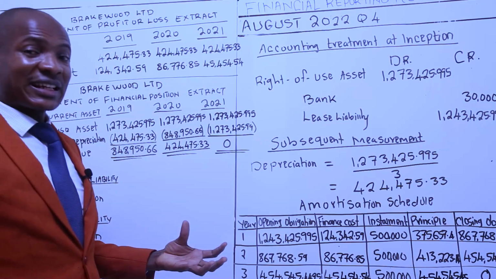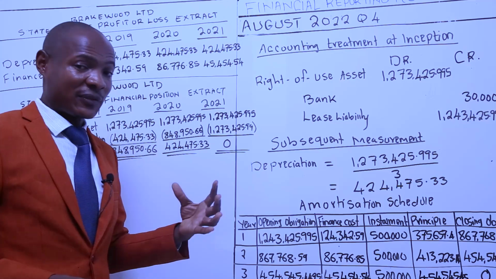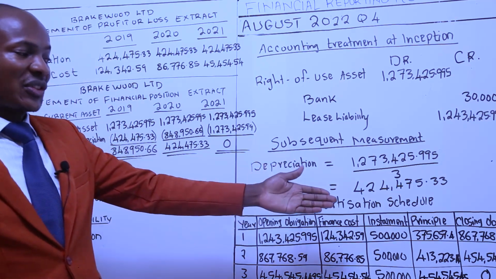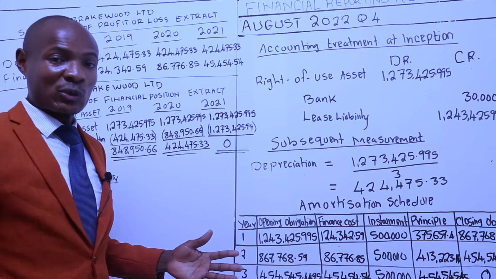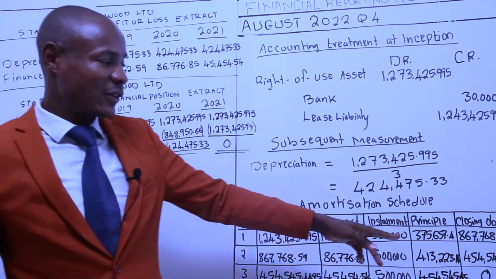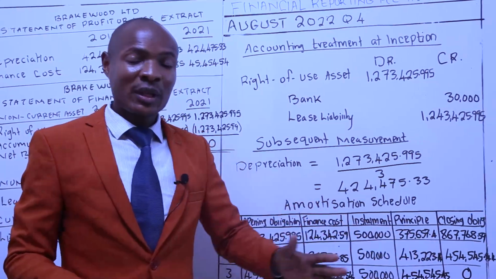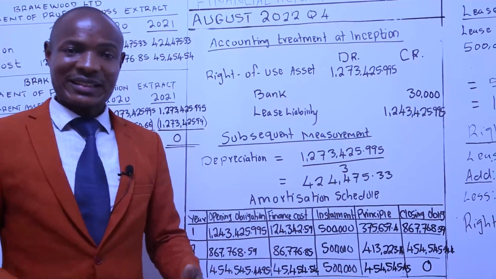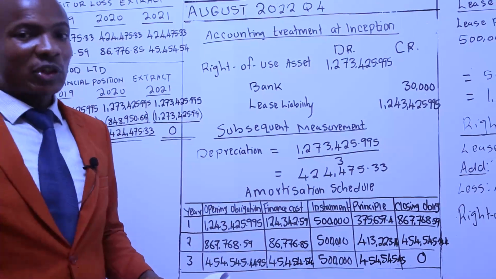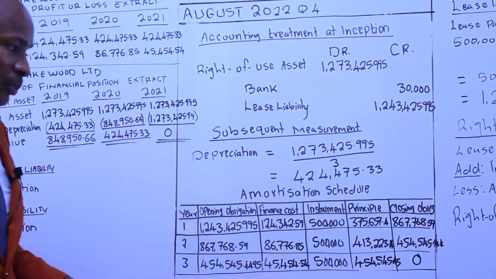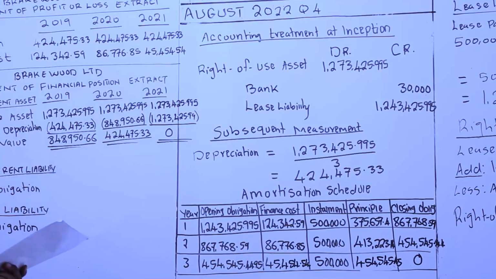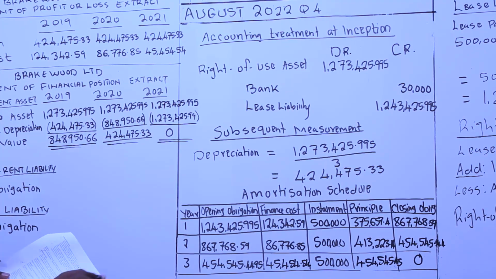If you are presenting it as one figure, that means we'll be using 867,768. But it's usually a very good practice to separate this obligation at the end of 2019 into two portions, the current liability portion and the non-current liability portion.